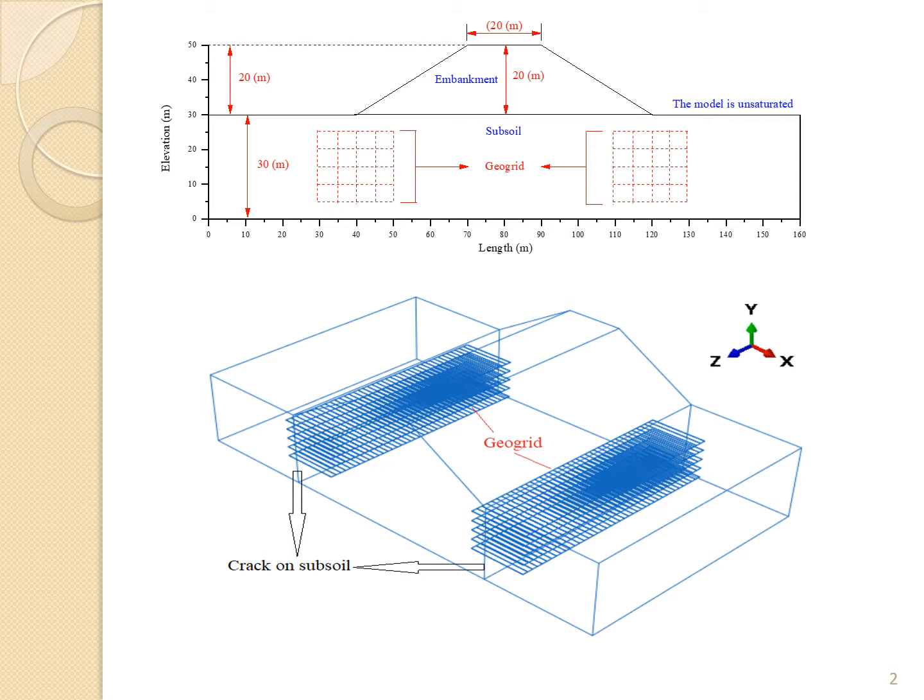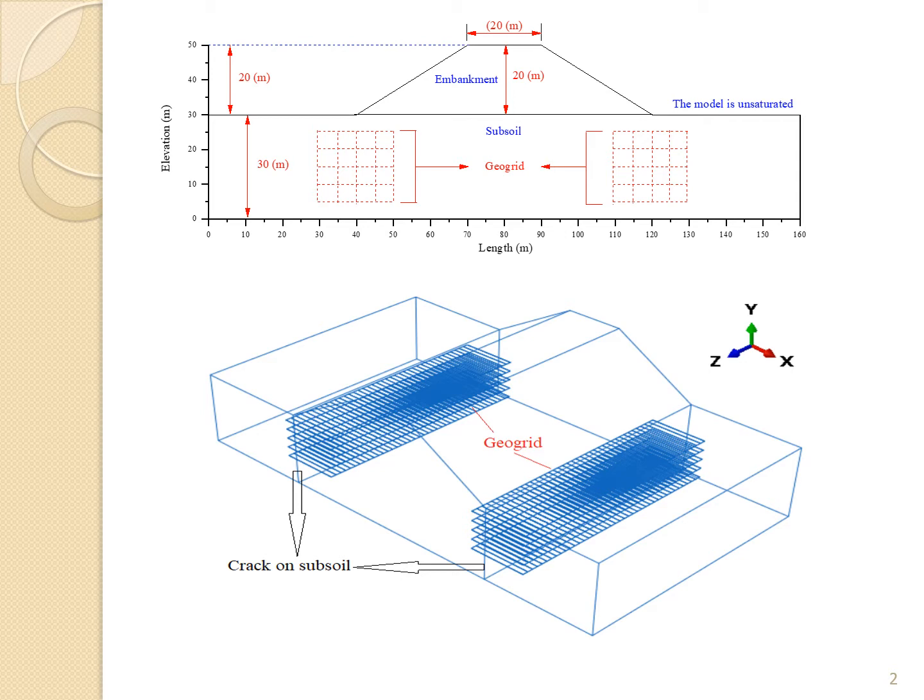In subsoil, we have two models. The first one is unreinforced and the second model is reinforced. In reinforced soil, geogrid sheet is simulated and geogrid is installed on the toe of the embankment. The distance between each geogrid sheet is 5 meters.